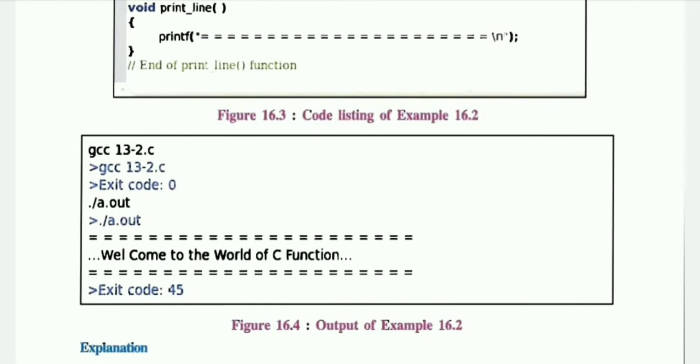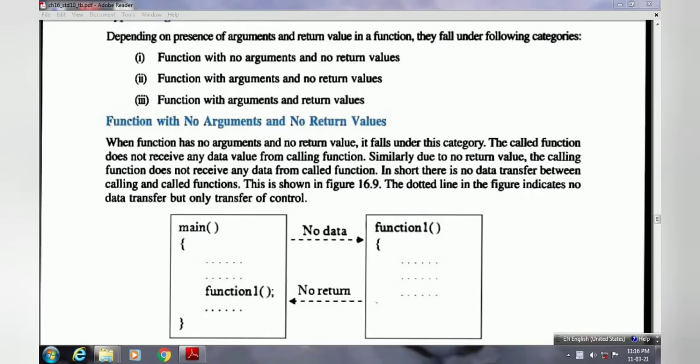Depending on the presence of the function arguments and the return value, they fall under the following three categories, and we will discuss all three with practical examples. First is the function with no argument and no return value. That means there is no argument in the function and we are not returning any value. When there is no return value, the function return type is always void.